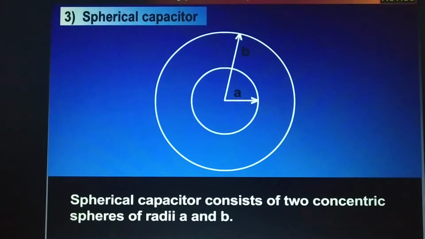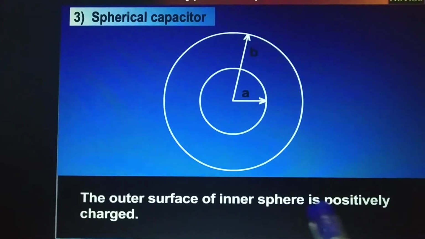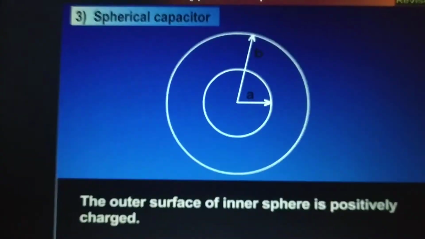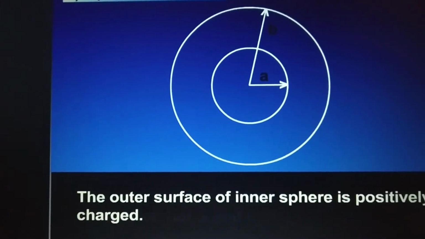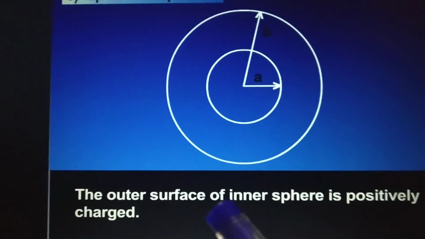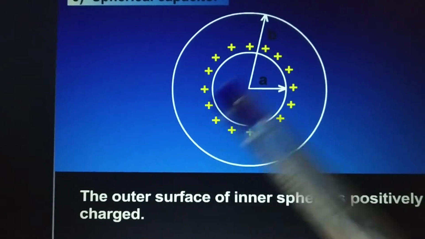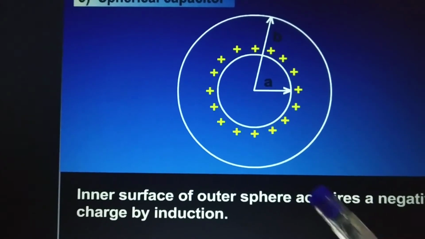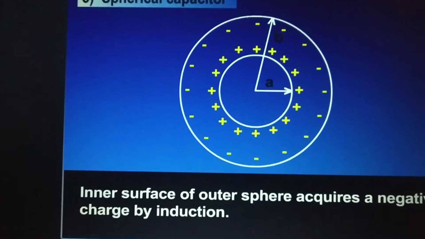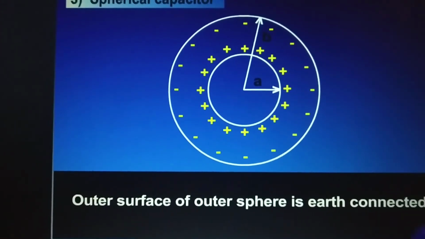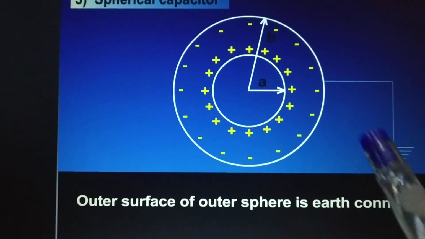Now the third type is the spherical capacitor. The spherical capacitor consists of two concentric spheres A and B. The outer surface of the inner sphere is positively charged and the inner surface of the outer sphere acquires negative charge by induction, and the outer surface of the outer sphere is earth connected.